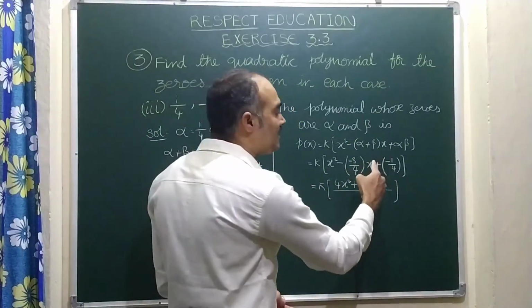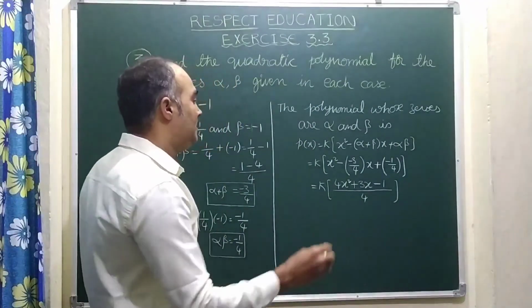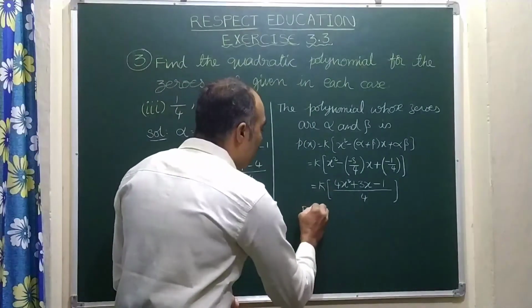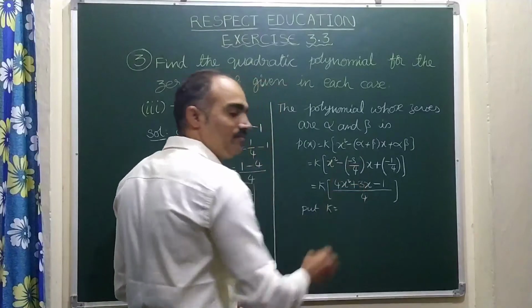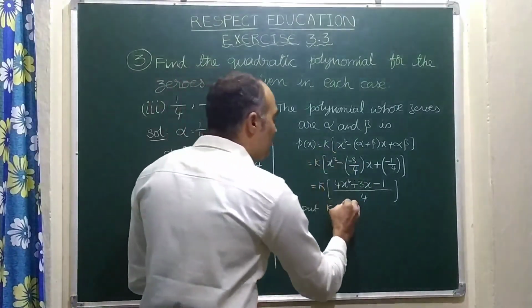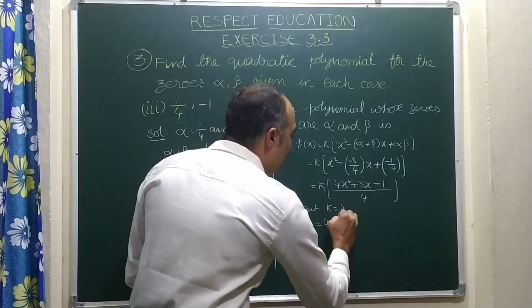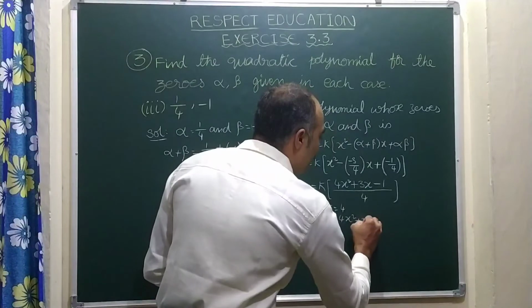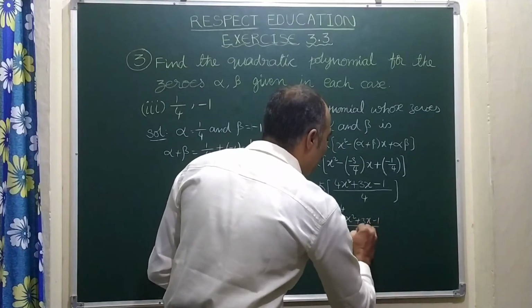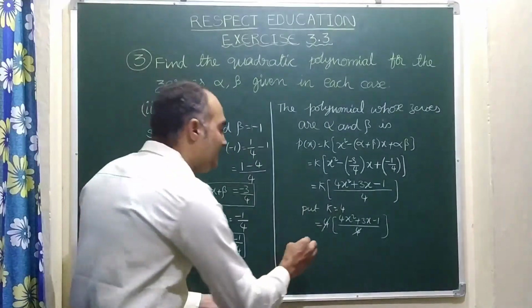We can write the numerator as it is, plus into minus is minus 1, right? Now here put k is equal to, here denominator which value is there, 4 is there, so we can take k equal to 4. Then what happens, this polynomial becomes 4 into 4x square plus 3x minus 1 by 4. So 4 get cancelled, right?